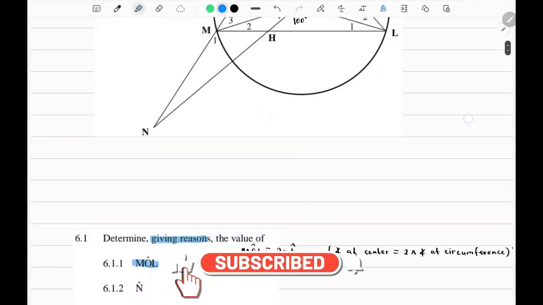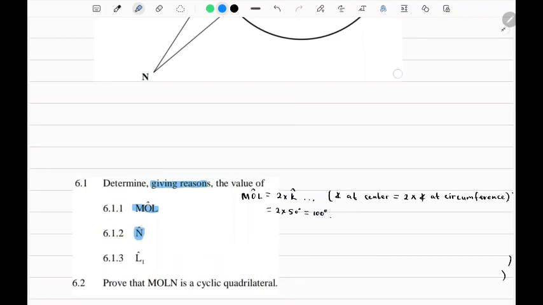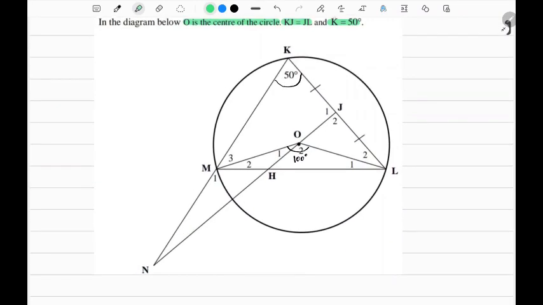Moving along to the next question, they want us to find the size of angle N, and we need to provide reasons. Angle N on the sketch is this angle here. In order for us to find the size of this angle, we should consider triangle NKJ. You will note that angle K is 50 degrees.